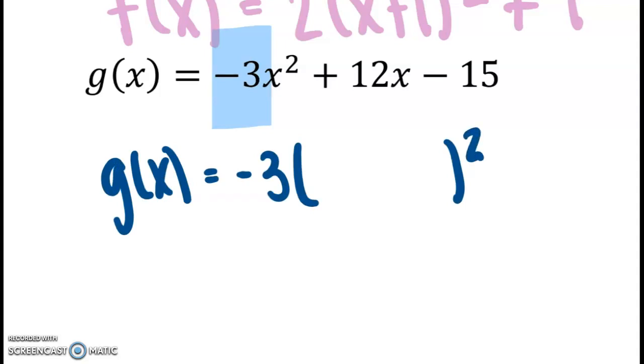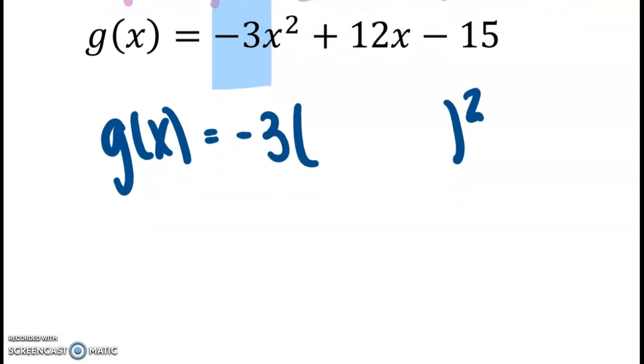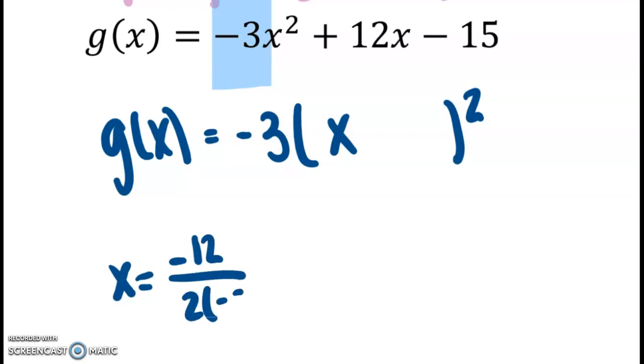That's what happens when I complete the square. Well, I could also find the vertex because remember I have x and here's my h and my k. We could find the vertex by doing x equals the opposite of b over 2a. So -12 divided by -6 takes me to 2.